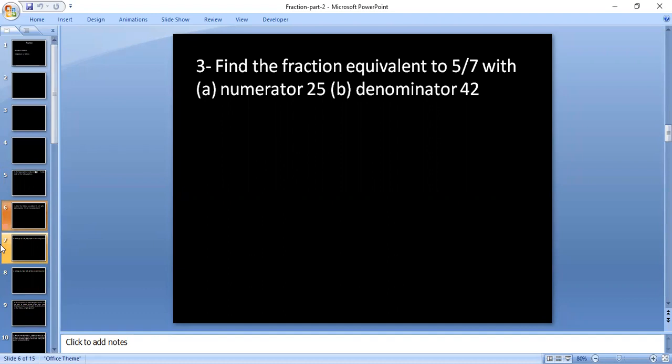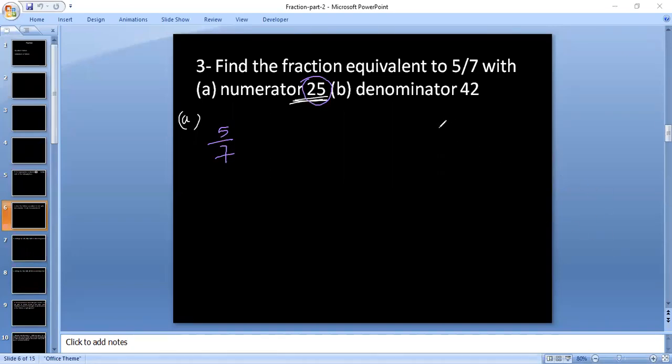Find the fraction equivalent to 5 by 7 with numerator 25. सो हम यहाँ पर जो पहला क्वेश्चन है उसको सॉल्व करेंगे. क्या करना है, 5 by 7 को कन्वर्ट करके इक्विवेलेंट फाइंड आउट करना है, जिसका न्यूमरेटर 25 होगा. इसका न्यूमरेटर तो 5 है. सो 5 को हमको 25 बनाना. सो मैंने 5 by 7 एज यूजुअल लिख लिया. सो 5 के साथ क्या करने पर 25 होगा, मल्टीप्लाई करने पर.